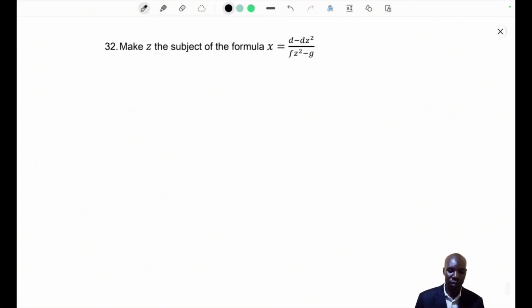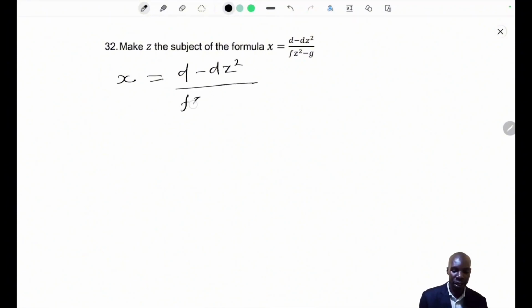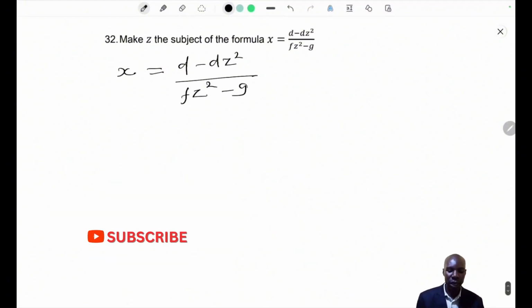Number 32. Make Z the subject of the formula. So we are given X equals D minus D Z squared over F Z squared minus G. So we want to make Z the subject of the formula.